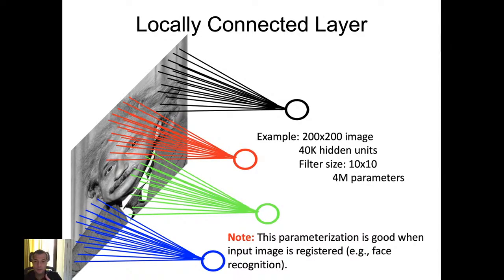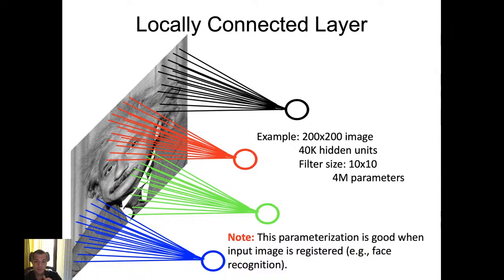This is the first idea of moving towards convolutional networks: to apply these units locally, not globally. The idea is good. It reduces the number of parameters, so now we have only 4 million parameters to learn.